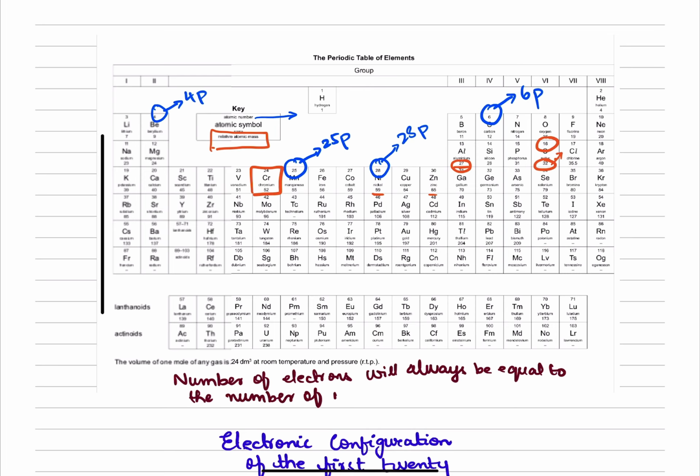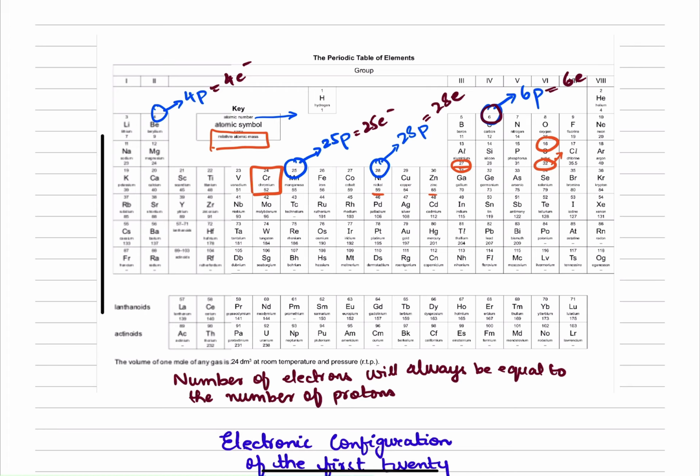So for example, carbon has 6 protons, so carbon will have 6 electrons. Nickel has 28 protons, so nickel will have 28 electrons. Manganese has 25 protons, it will have 25 electrons. So the number of protons and electrons will always be equal in an atom.